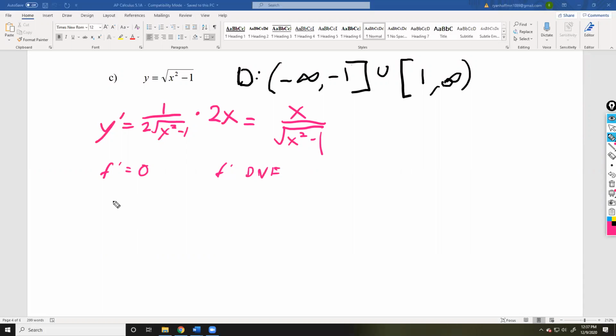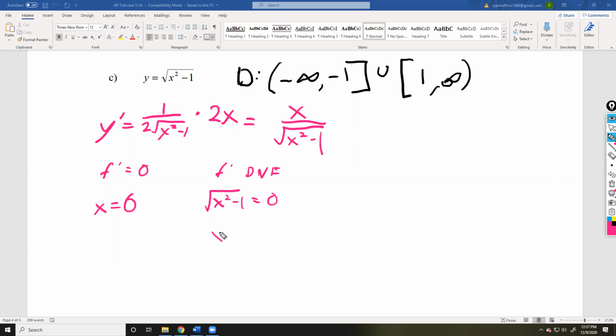Let's see, f prime equals 0. That is where the top is 0. So where x is 0, well, that's all we have for the top. Then on the bottom, f prime does not exist. Well, that's where the bottom is 0. So that's where the square root of x squared minus 1 equals 0.